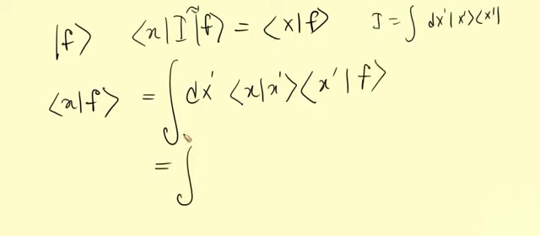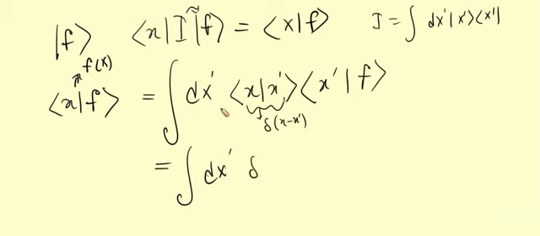And I was calling this thing f of x, and I want to see whether this representation is unique or not. Since these two are bases, they will give me a delta(x minus x prime), and obviously the integration is over dx prime.